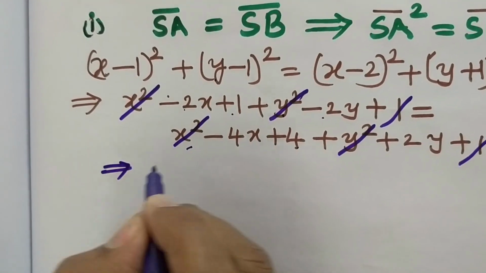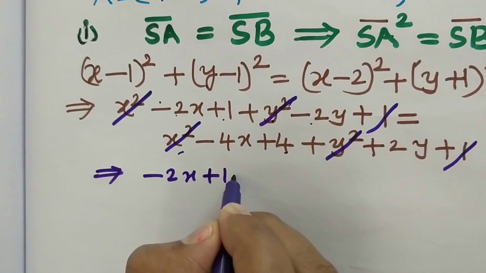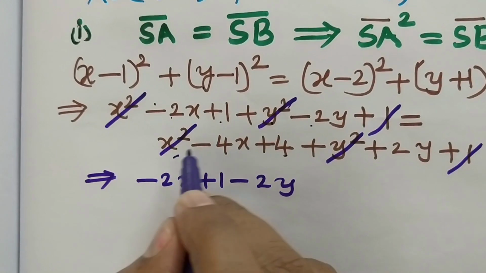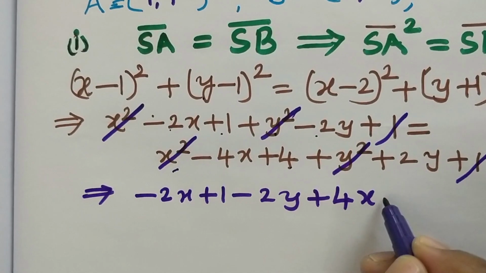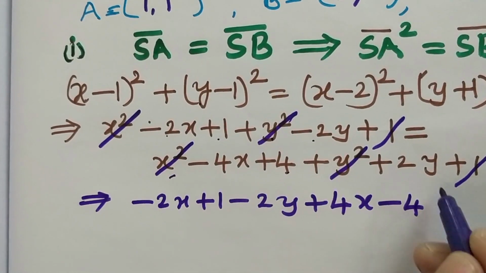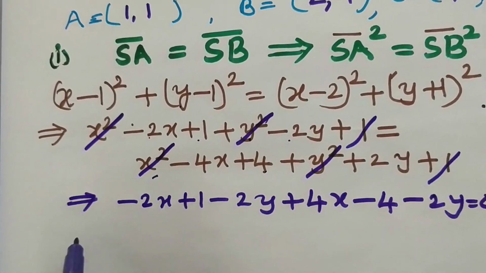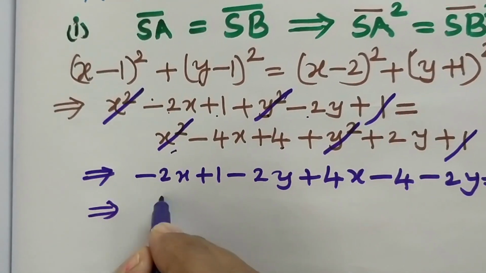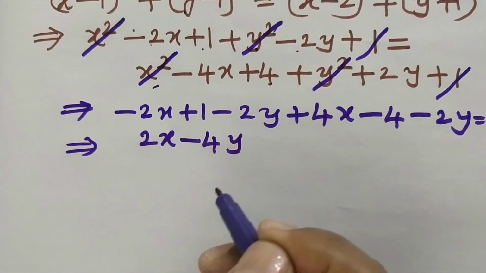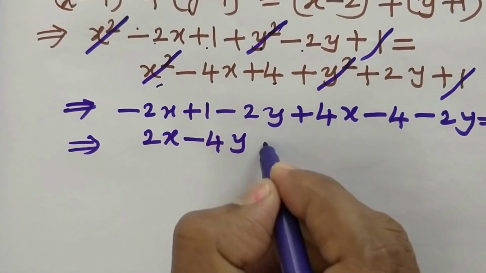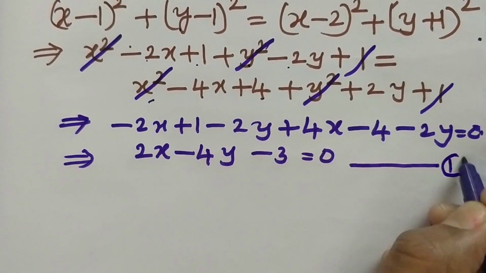That implies -2x + 1 - 2y. This comes to this side. On the left side, -4x becomes +4x, -4, this becomes -2y is equal to 0. That is, -2x + 4x is 2x, then -2y - 4y, plus 1 - 4 is -3, is equal to 0. Say, this is equation number 1.